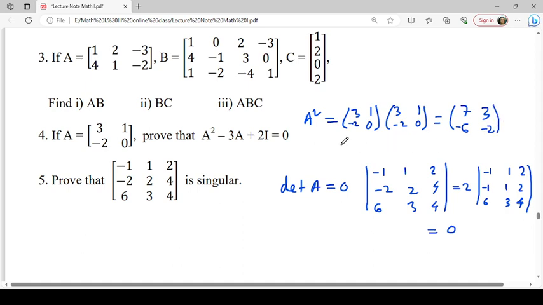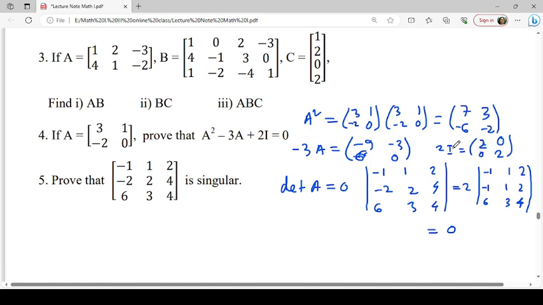Then A square minus 3A. So 7, 3, and minus 3A is -9, -3, plus 6, and 0. And 2I is 2, 0, 0, 2.